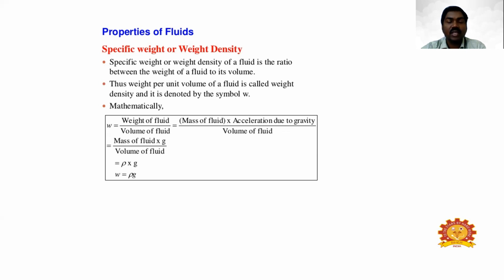So it is mass of fluid into g, where g is the acceleration due to gravity, divided by volume of fluid, which is equal to rho into g. So small w equals rho into g.